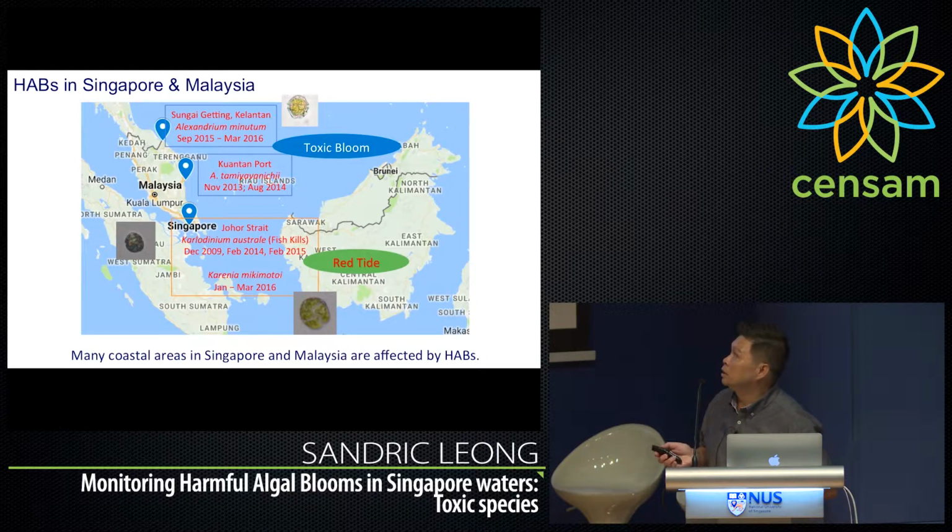In Singapore, we have had several fish kills since 2009, and we also had an extended dinoflagellate bloom which lasted about 3 months. In Singapore, we mainly experience red tide blooms, as opposed to the toxic blooms observed on the eastern side of the peninsula of Malaysia.